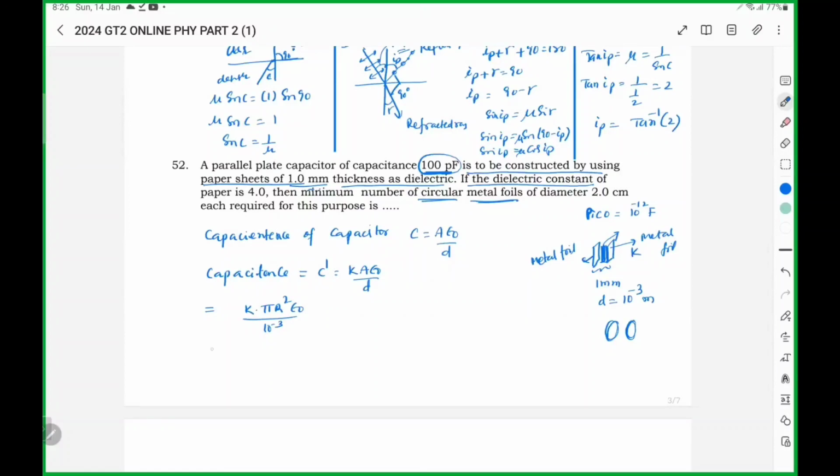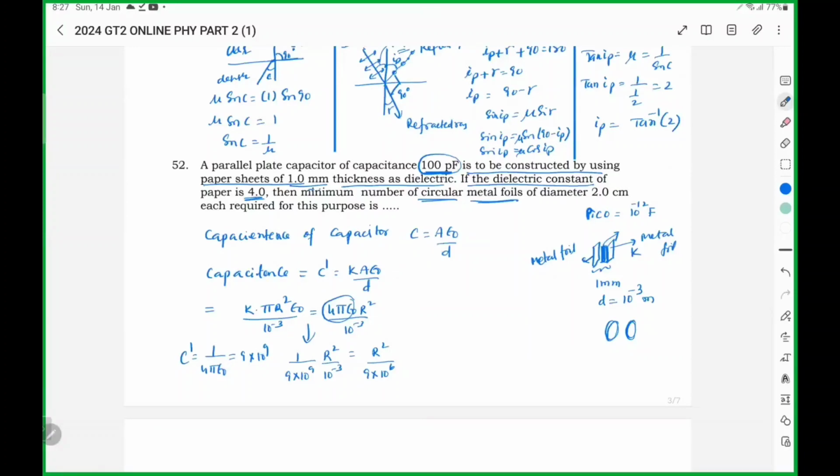So we know that 1 by 4 pi epsilon naught is 9 into 10 power 9. The dielectric constant is 4. It is 4 pi epsilon naught r square by 10 power minus 3. So 4 pi epsilon naught is 1 by 9 into 10 power 9, 10 power minus 3. R square 1 10 power 6. This is the capacitance of one capacitor.